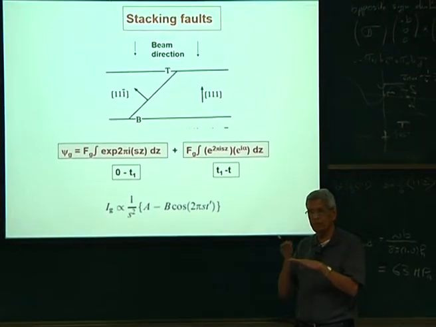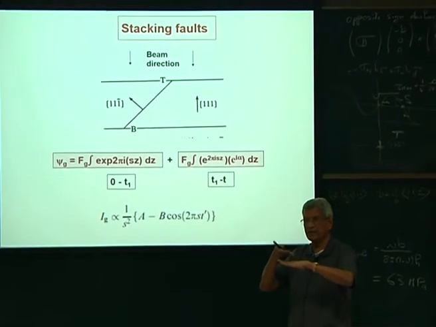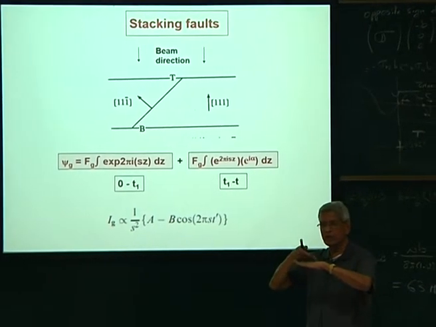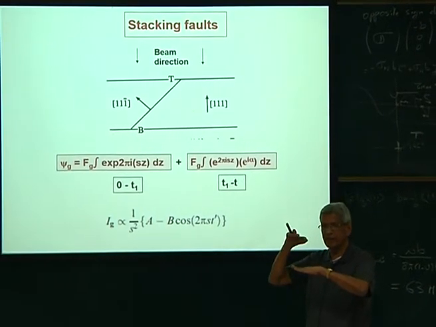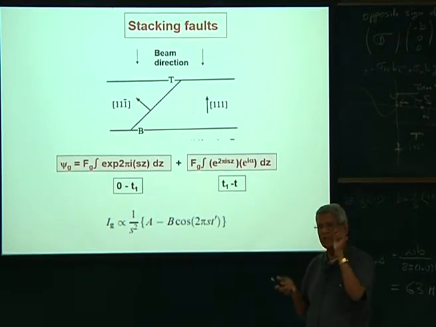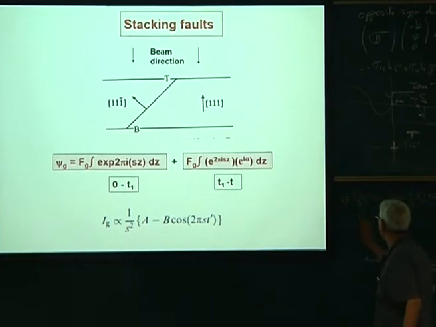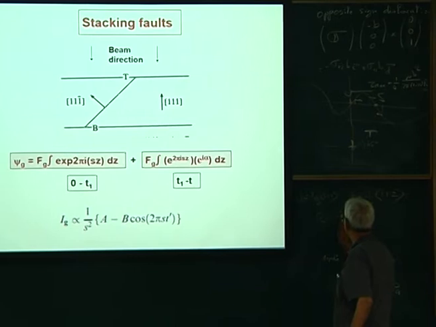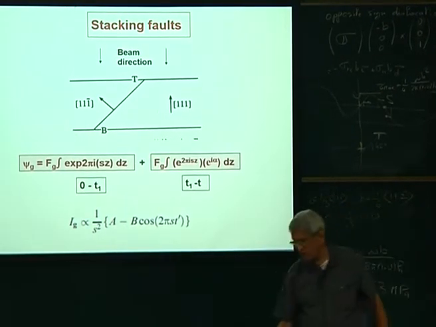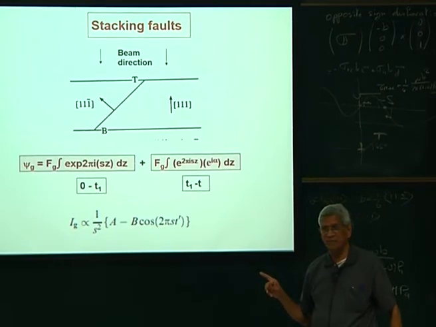When we consider the stacking sequence, one layer is there, second layer, third layer, fourth layer comes on top of it. If we are removing one layer, that will be the fault vector. That is why the fault vector is always defined here as R equals 1/3 111, as far as stacking faults are considered.